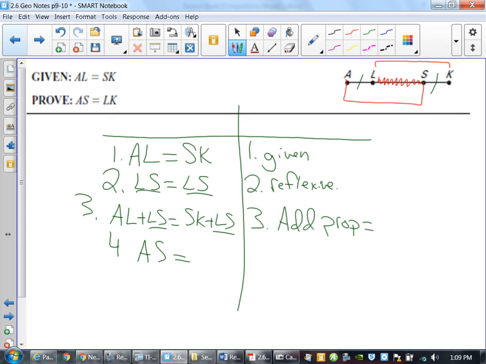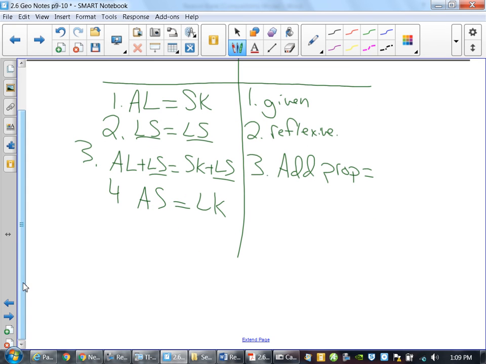It's LK. Didn't I just use segment addition twice? 2 smaller segments make up the whole. You're done. You defined it, you added it to both sides, 2 smaller segments make the large. Done. Works all the time for that type.